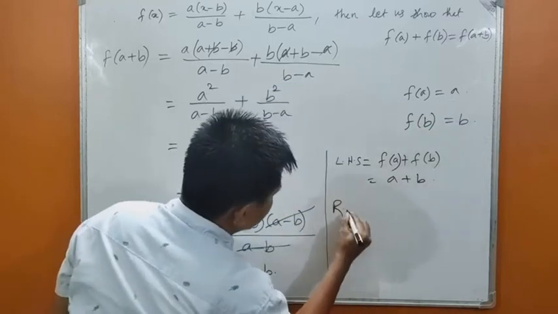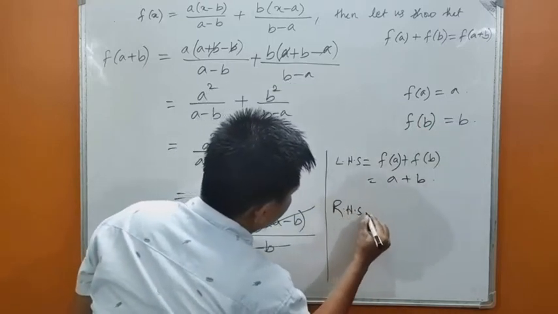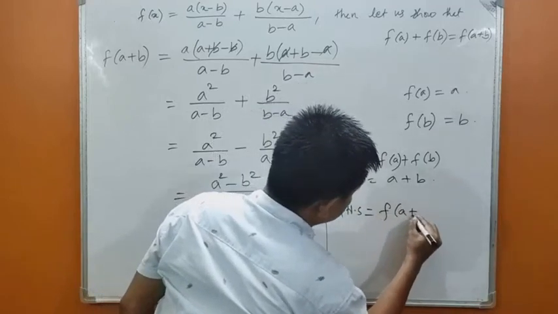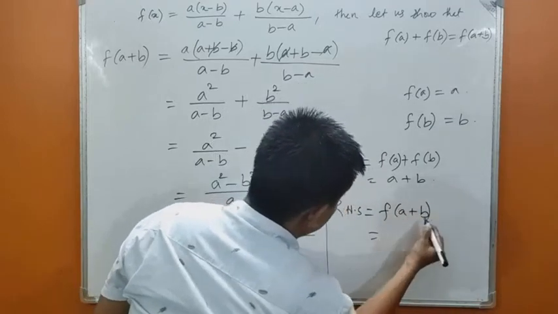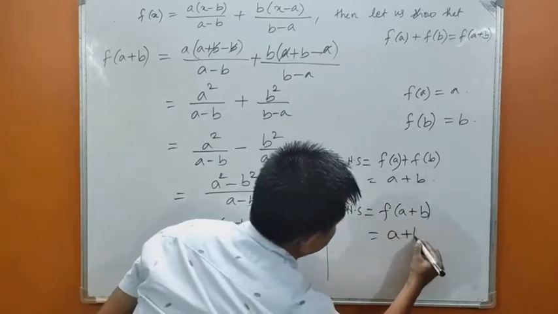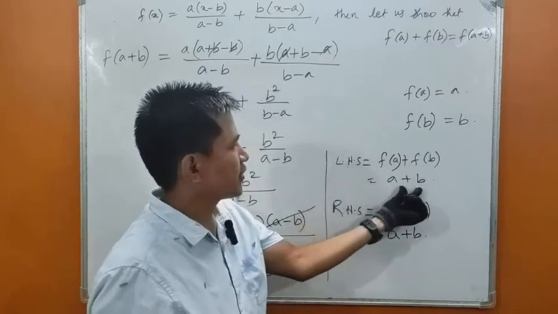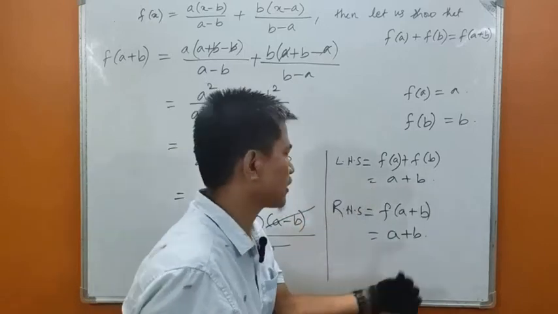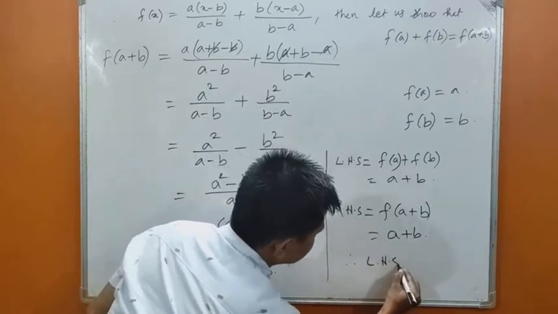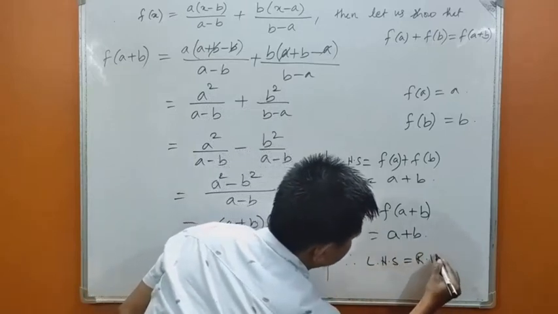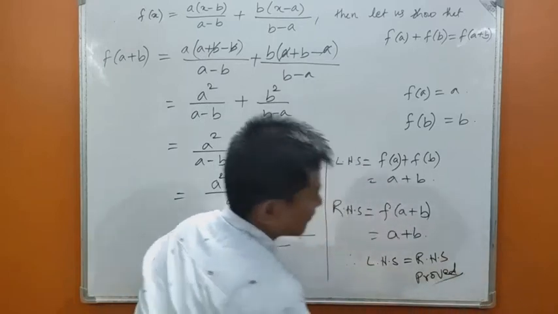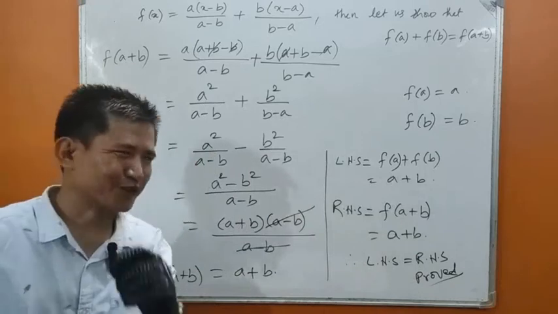In the right hand side we have f of a plus b, and the value of f of a plus b is a plus b. So left hand side is a plus b and right hand side is also a plus b. This means left hand side equals right hand side, isn't it? Hence it is proved. Understood? I hope you understood.